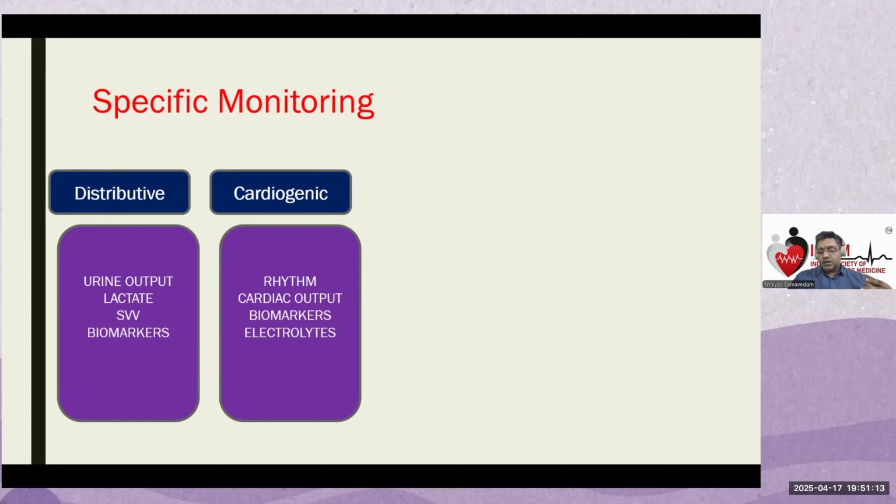You look at biomarkers. Is my BNP resolving? Is my troponin I settling? These are some of the biomarkers which you can use. And electrolytes. Hypomagnesemia, a common cause of ventricular arrhythmias. Hypokalemia, a common cause of supraventricular arrhythmias. Hypocalcemia, a common cause of long QT intervals. So you should be looking at some of these aspects as well.